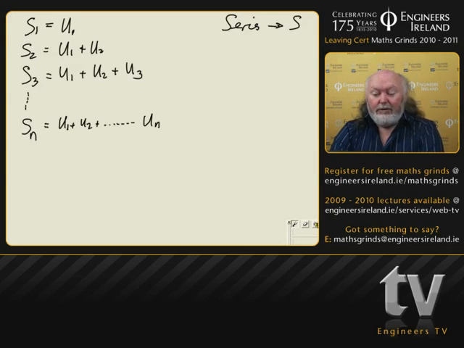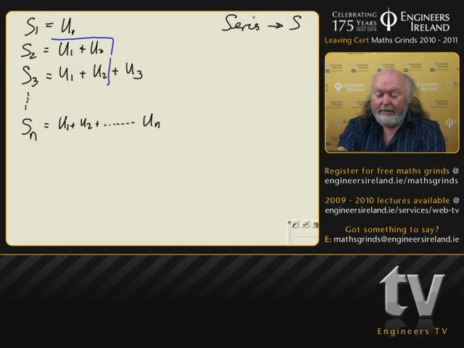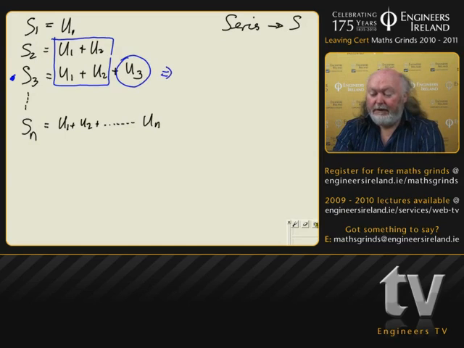Now, how can we play around with this? If we look at this situation here, we can say that the third one is the same as the second one, only with an extra one added to it. So I can say to you, S3 is equal to S2 plus u3.